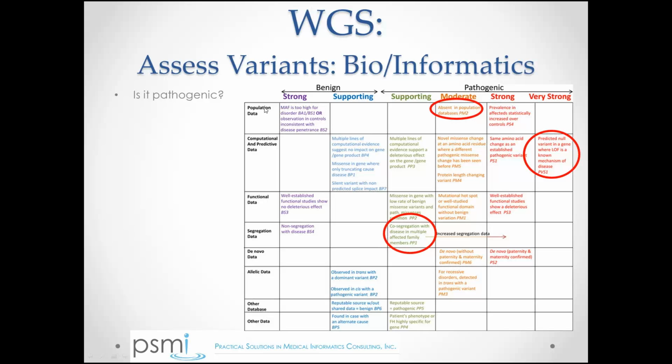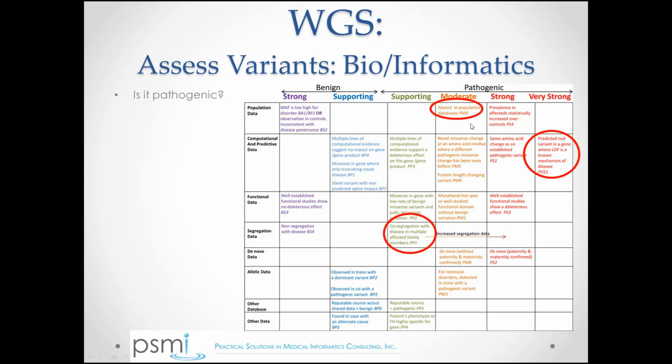And so for population data, for instance, we see that our particular variant is absent in population databases, okay? And that's moderate evidence of pathogenicity. We anticipate that this is an autosomal dominant disease.